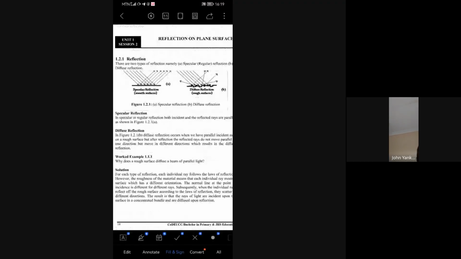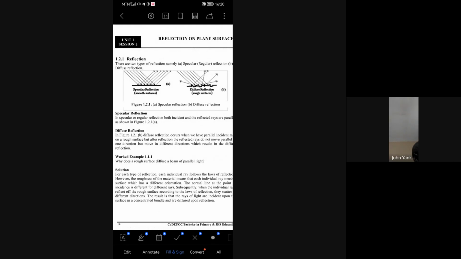The normal makes 90 degrees with the reflecting surface. So we have the incident ray, the reflected ray, the point of incidence, and then the normal.